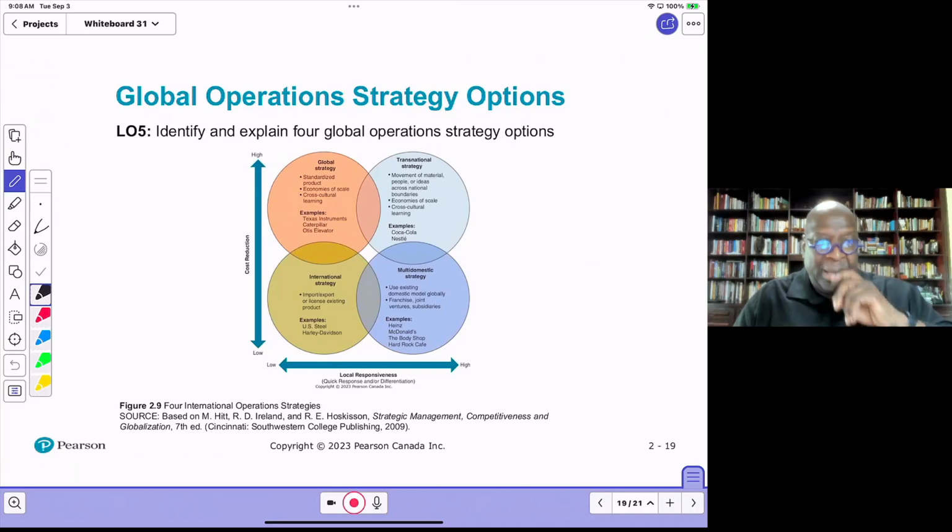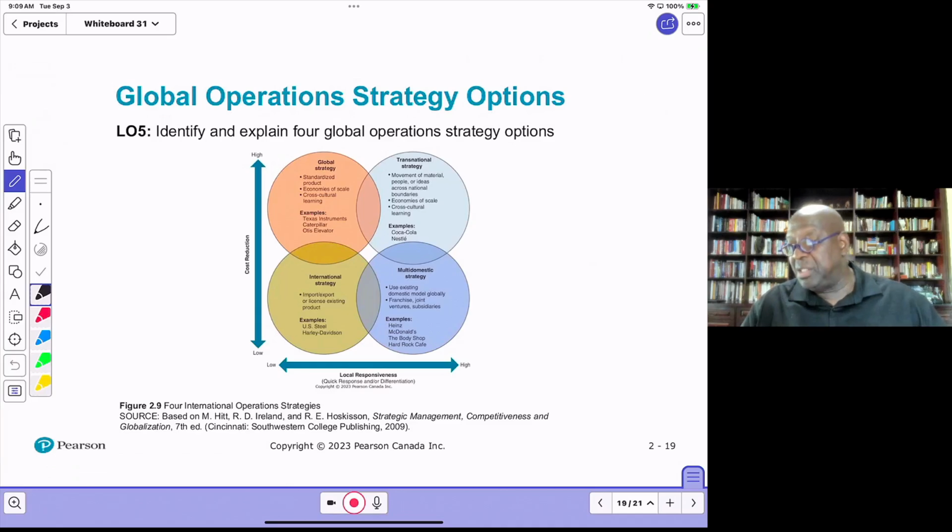McDonald's in France, in Britain, in the US, and so on, have fairly similar products and similar tastes, because the products have been standardized. And as a result, you could scale them. So you get economies of scale, and then you may have to do some tweaking in terms of different cultures and so on. Okay? Then there is a transnational strategy, and there is the international strategy and the multi-domestic strategy.